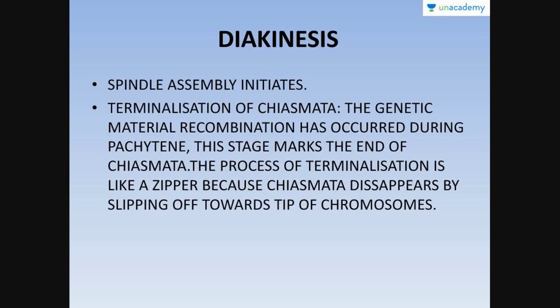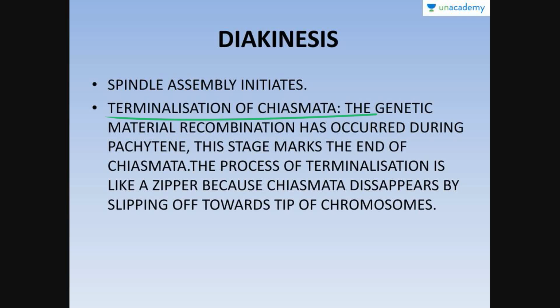Now next we come to diakinesis. I'll explain terminalization of chiasmata during diakinesis. Here the spindle assembly, which was proceeding, is now almost complete. And one more important thing is terminalization of chiasmata.